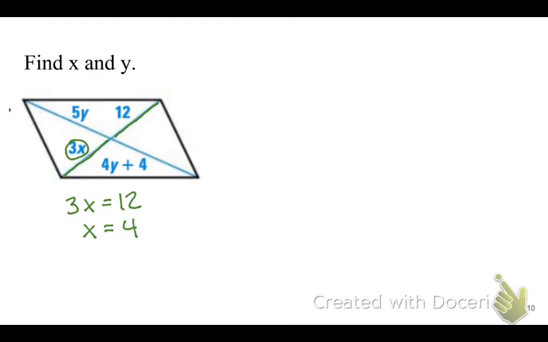Now let's look at the other diagonal. So we know that this length is equal to this length. And so we know 5y is equal to 4y plus 4. So we need to get all the y's on one side.